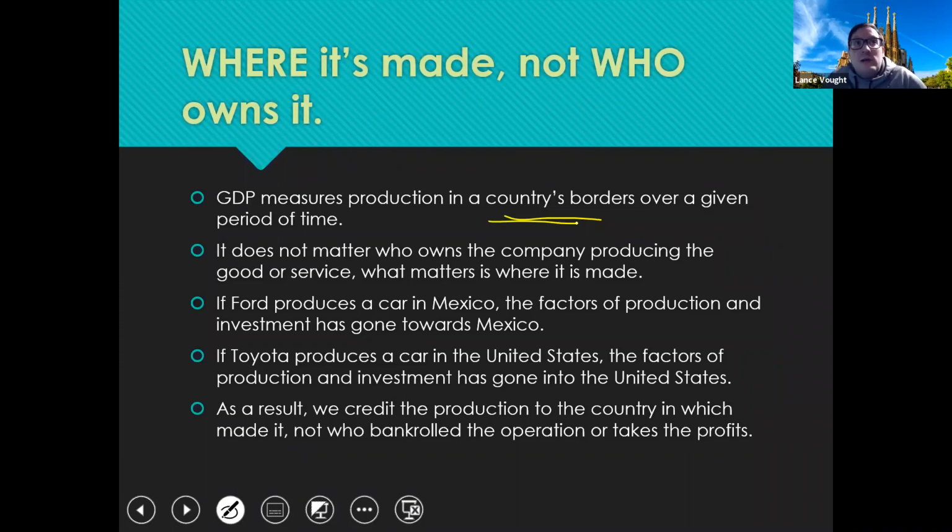Now, you can have a Toyota or a Hyundai that came from Japan or Korea, but nowadays it's often much cheaper for them to build the vehicle where it's going to be sold, so they don't have to deal with the tariffs, and they don't have to deal with the long shipment cost of building the car in Asia and then shipping it across the Pacific Ocean to North America.